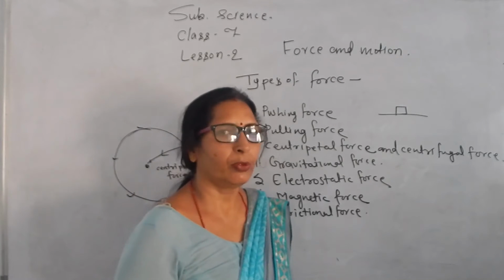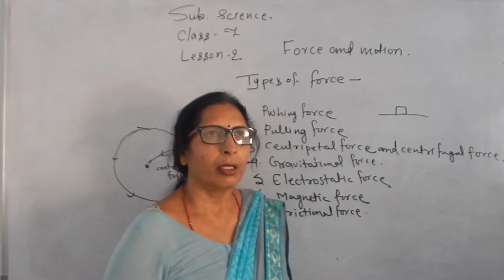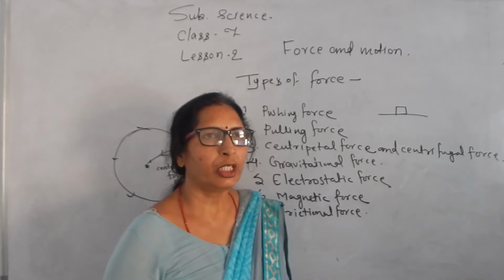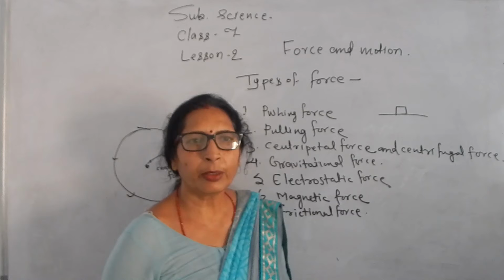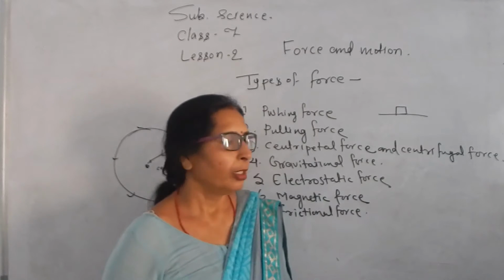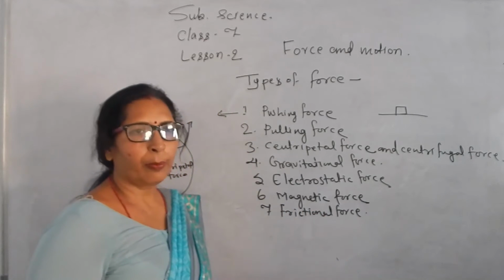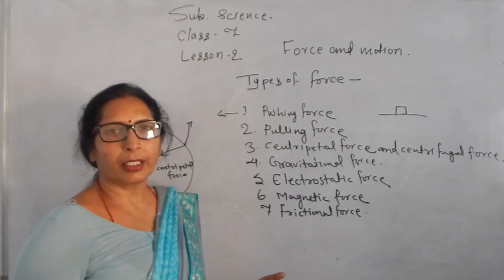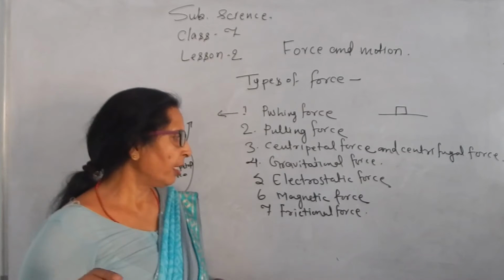What is magnetic force? You have seen a magnet. What is a magnet? A magnet is a piece of iron which has the attracting property. First of all, on a plate or on paper, you take some pieces of iron nails or small iron pins.